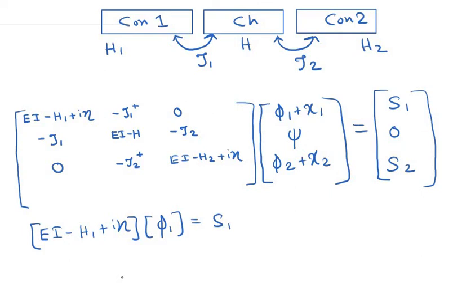Similarly, for contact 2 we also have the same thing, that (EI minus H2 plus I eta) phi 2 is equal to S2.